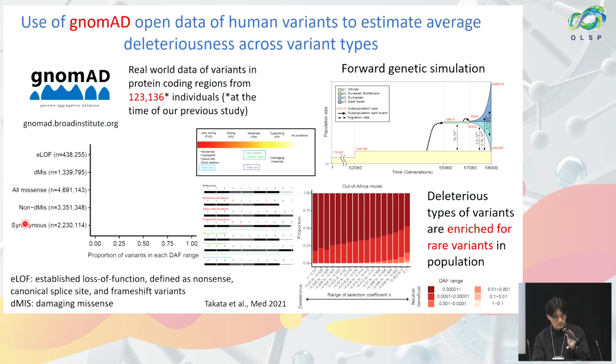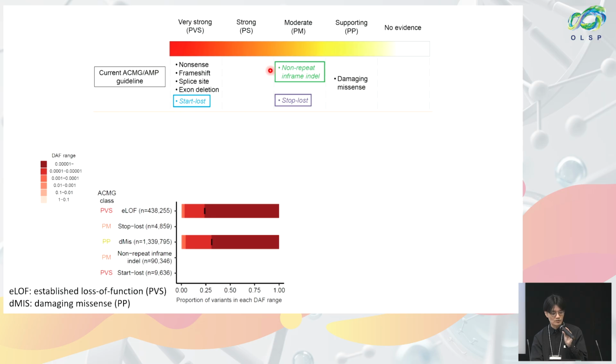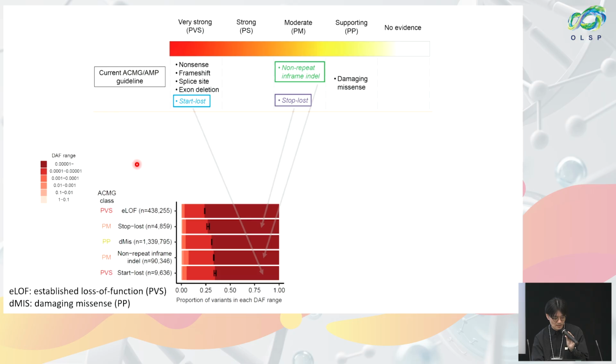As expected, we observed a higher proportion for established loss of function mutations, followed by damaging missense, all missense, etc. So we applied this framework to these three types of variants under suspicion. And what we found is that these start-lost variants, categorized into moderate, showed a high proportion of rare variants. And stop-loss variants and inframe indel variants showed low rare variant proportions, lower than that of damaging missense.